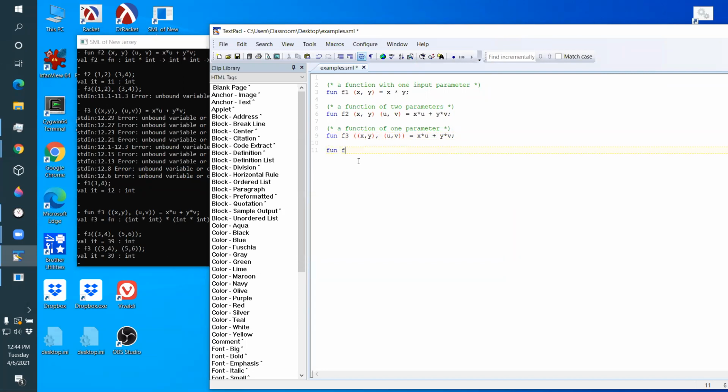Fun F4, and I'll make this a tuple X, Y, U, V. There's only one input, and I can give it the exact same right-hand side. Okay. This is a function, still a function of one parameter.